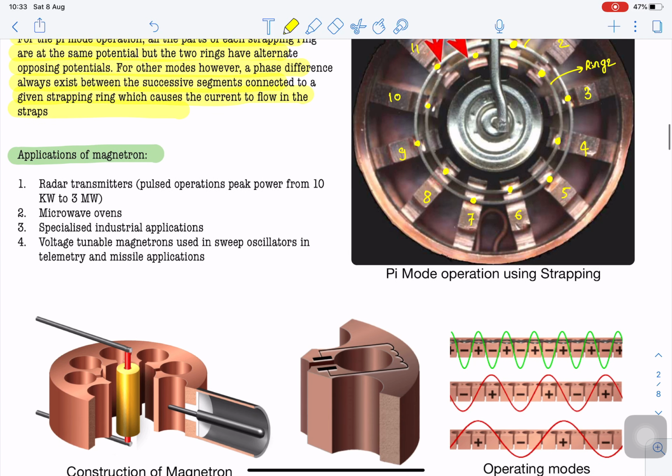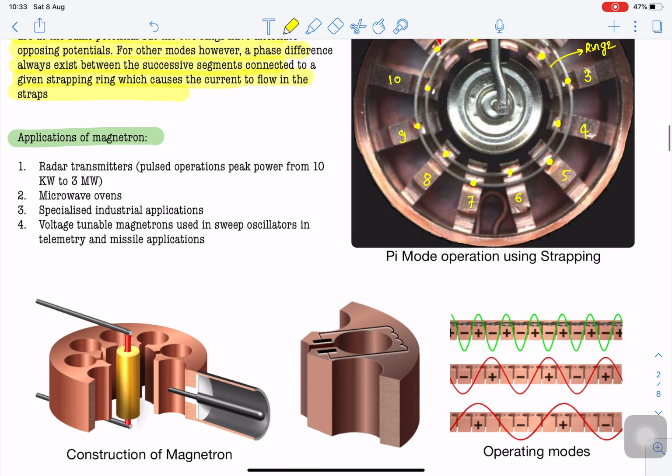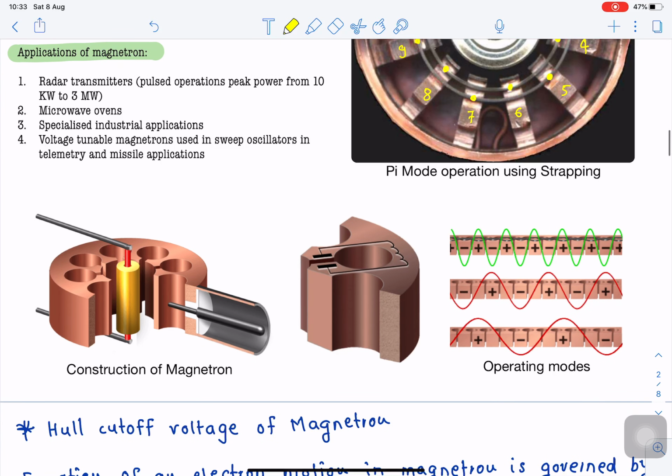Domestic magnetrons are also popularly utilized in our kitchens in microwave ovens. Specialized industrial heating applications make use of magnetrons. Voltage tunable magnetrons are used in sweep oscillators in telemetry and missile applications.